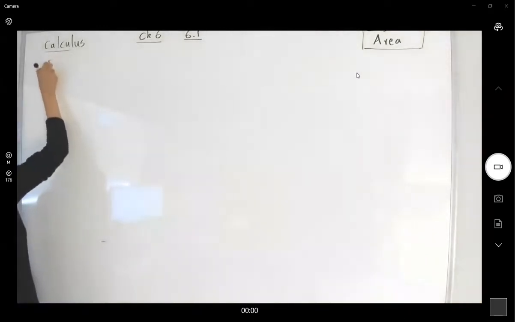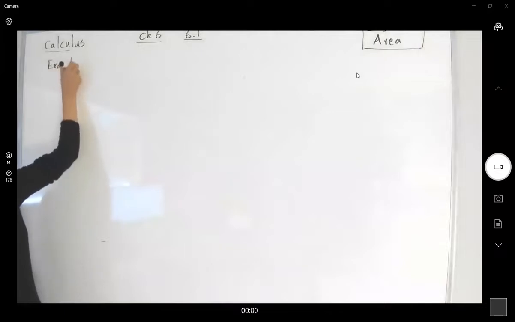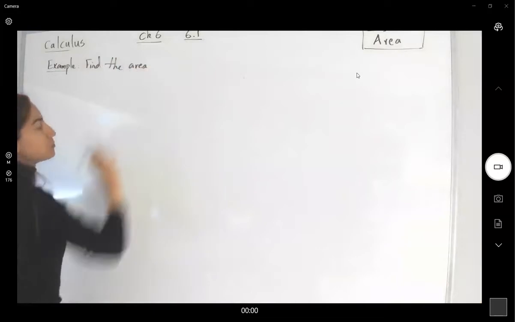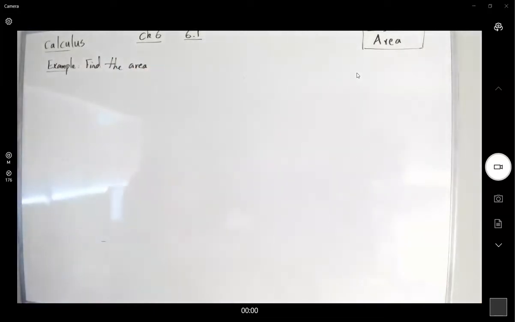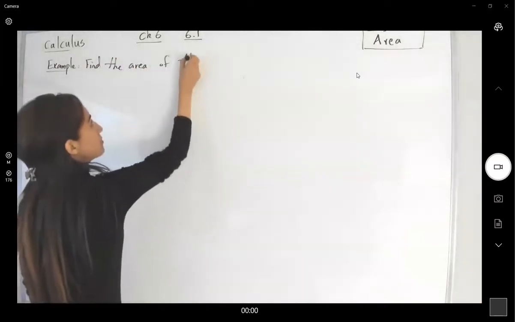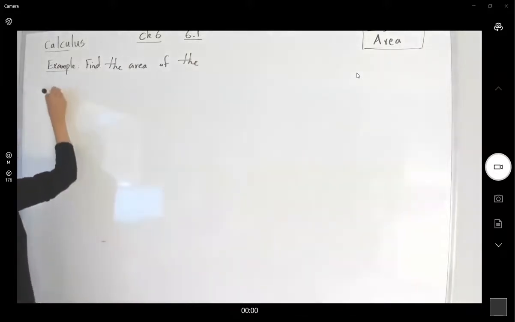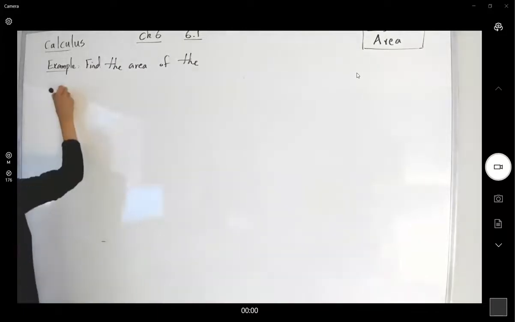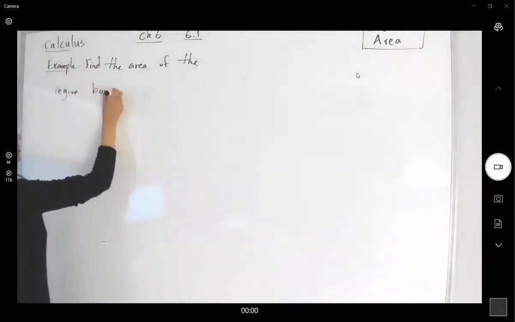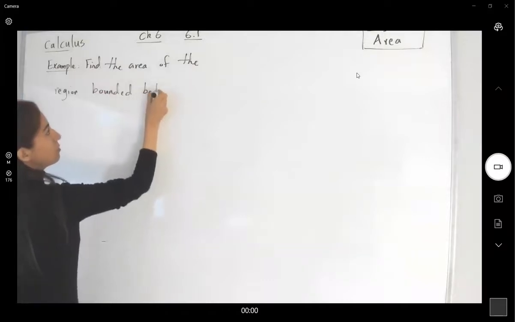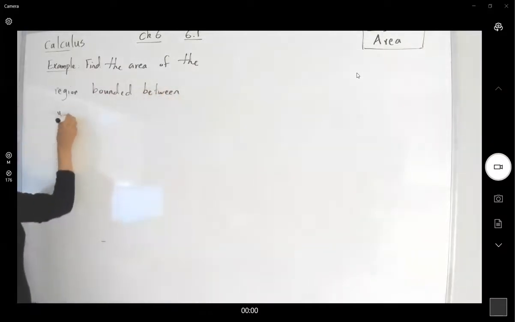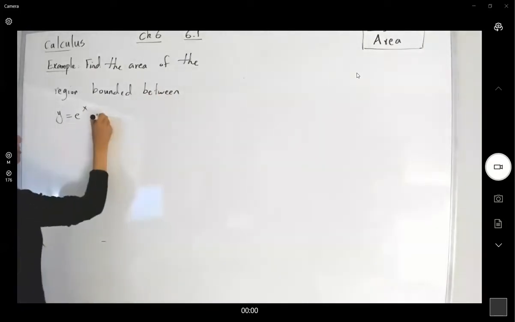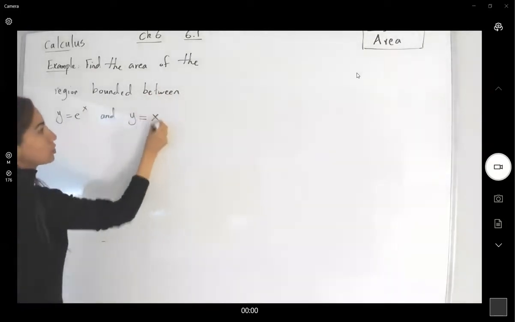Example. This example says, find the area of the region bounded by y equals e to the x and y equals x.